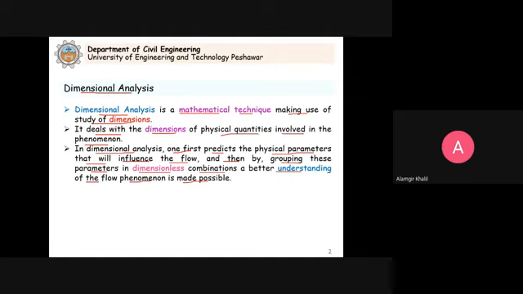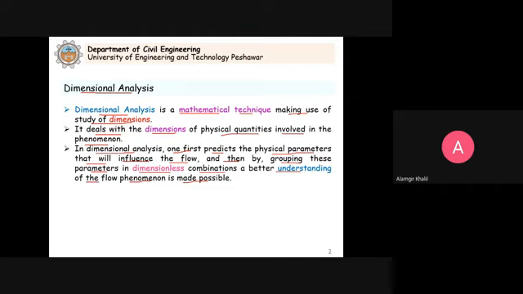So in this dimension analysis, we are developing a functional relationship between the dependent and independent variables. So that's why if you miss an important parameter, so then definitely the results they will not be accurate.